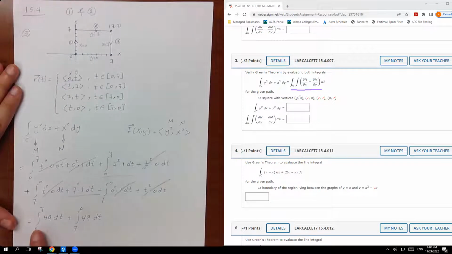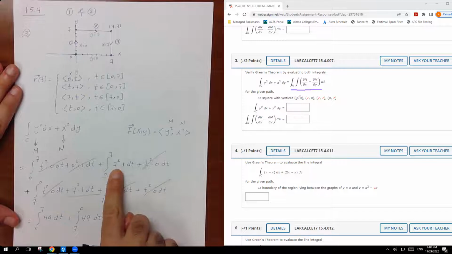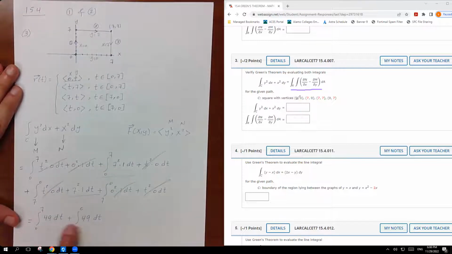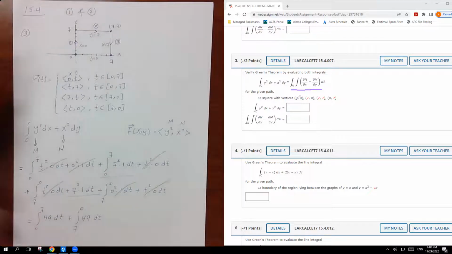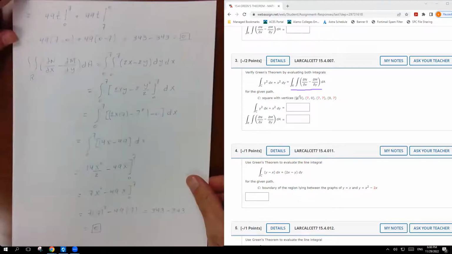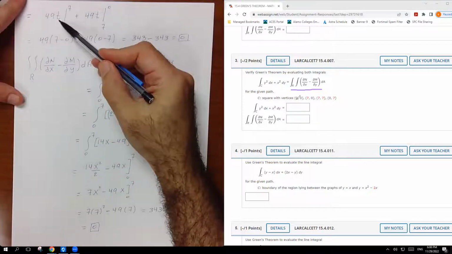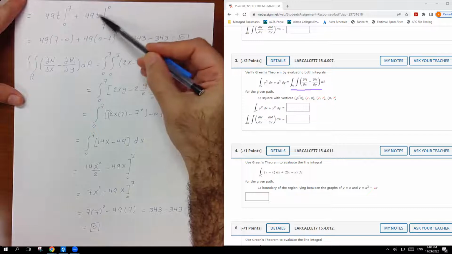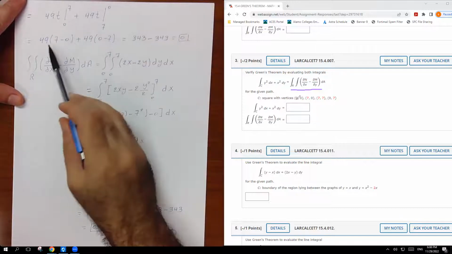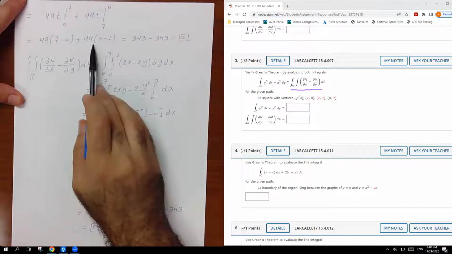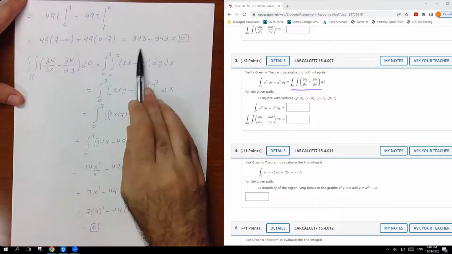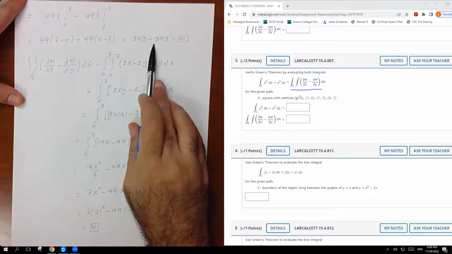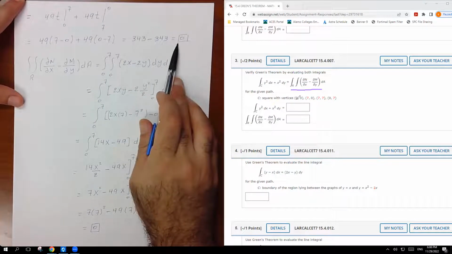So I'm going to write down 7 squared, 49, and 49, and find the antiderivative for each one. So 49t from 0 to 7, and 49t from 7 to 0, which is 49 times (7 minus 0), and 49 times (0 minus 7), which is 343 minus 343, equal to 0. So this is the first part.